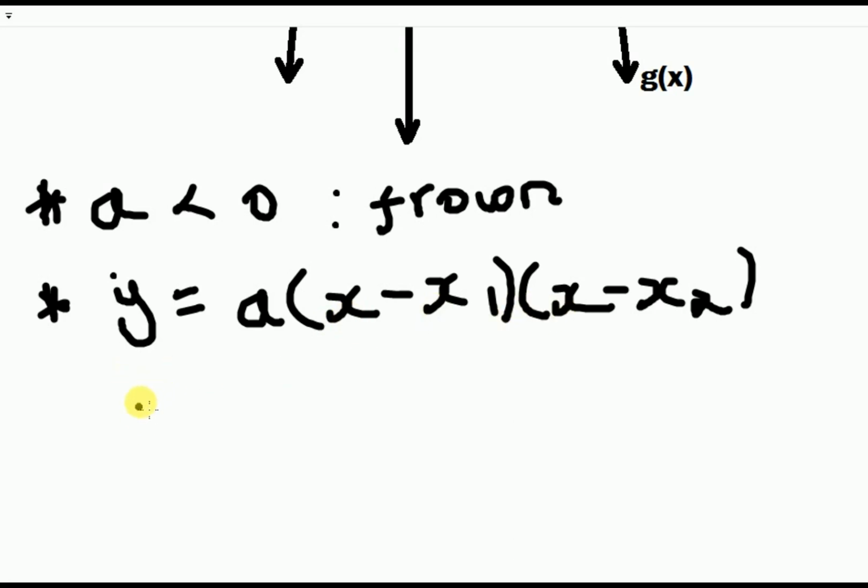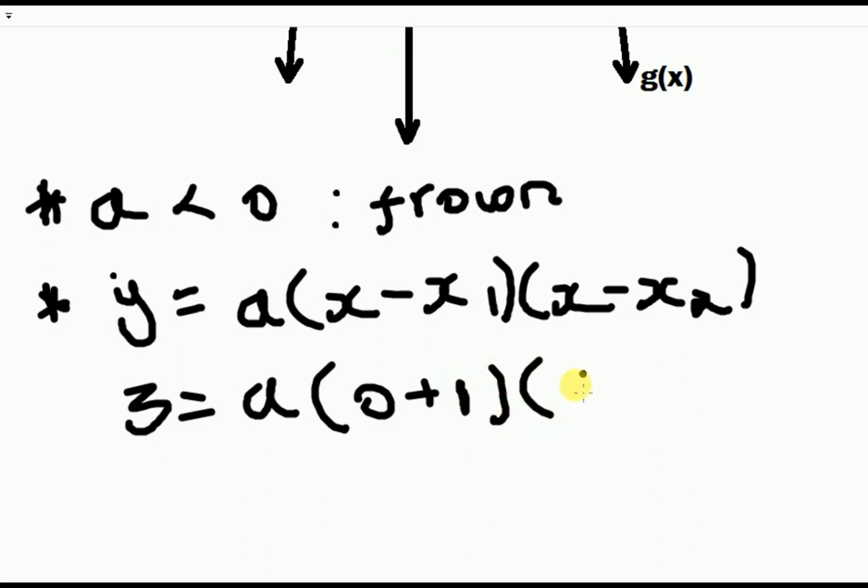Therefore it's going to give us that 3 is equal to A open brackets 0 plus 1, since it's minus 1 so it will be plus 1, close bracket, open brackets 0 minus 3.